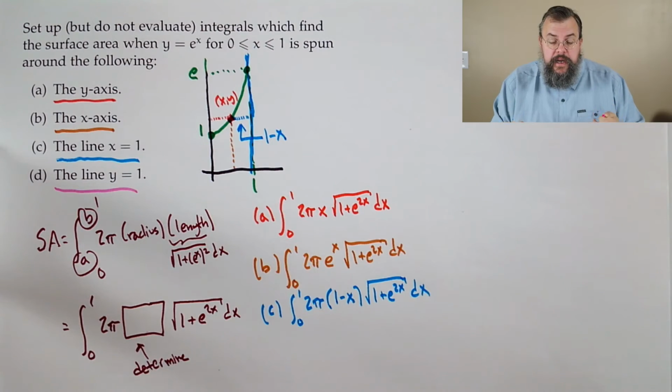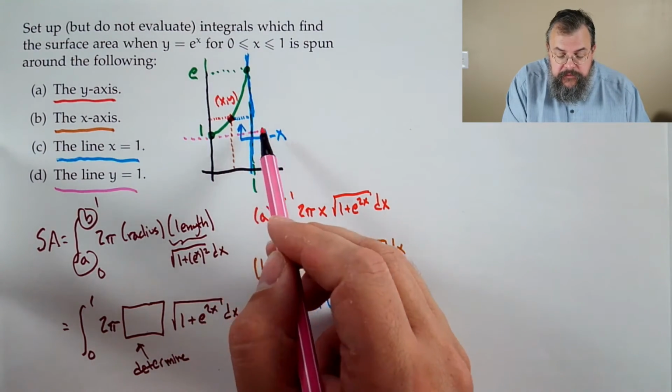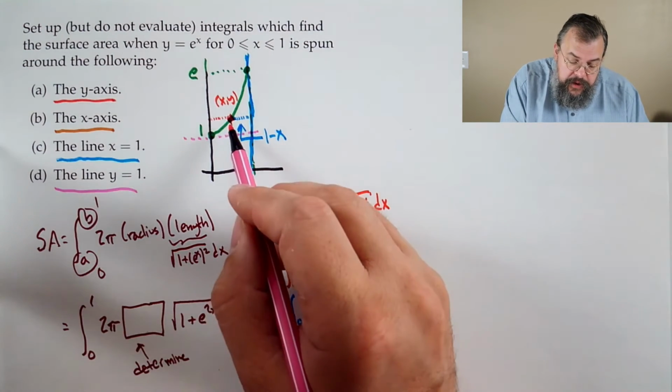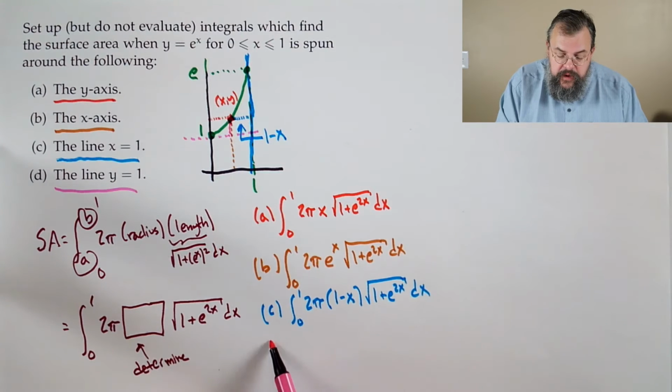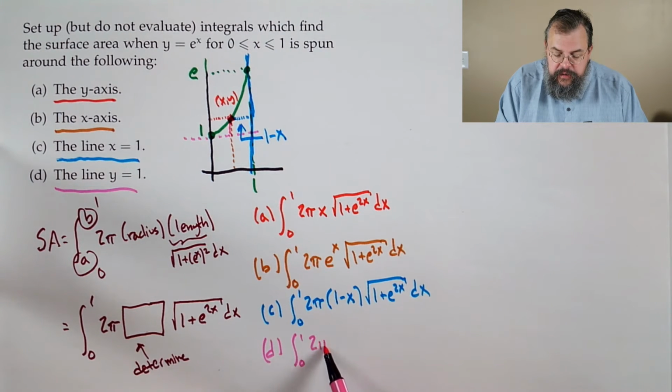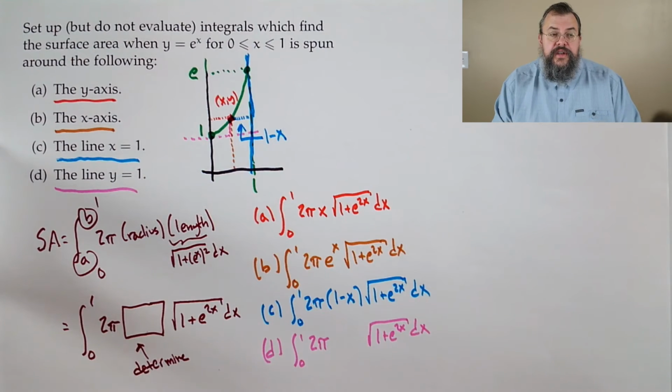Now we're going to the line y equals 1. So y equals 1 is right there. So now we ask the question, okay, how far is it down to that line? Well, similar process, so we can go ahead and put in the other pieces, because they don't change, it's just the radius that has changed.